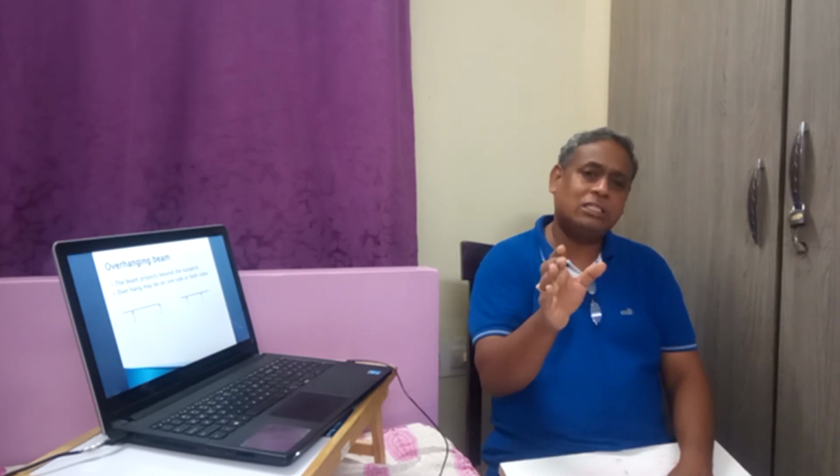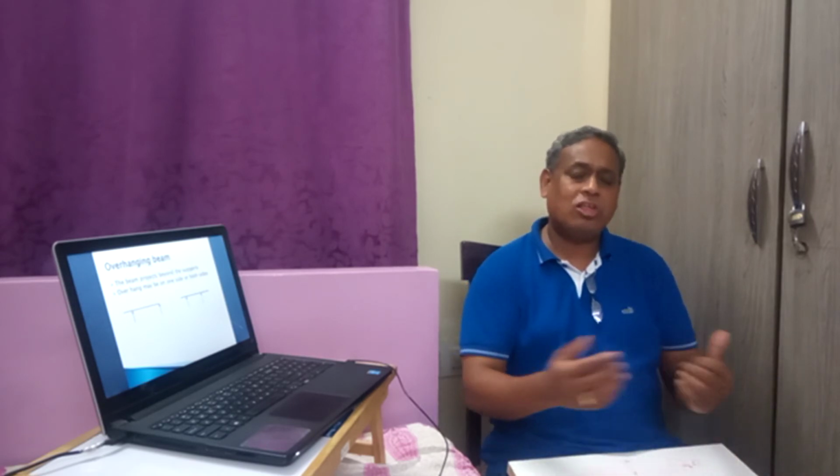The name itself suggests that it is overhanging. That is, some portion is hanging beyond the supports. There can be two possibilities. That is, on one side it can overhang, or on both sides it can overhang. If there is no overhang, then it will become a simply supported beam. So it is a special case of simply supported beam where the supports are nearer than the actual length of the beam.